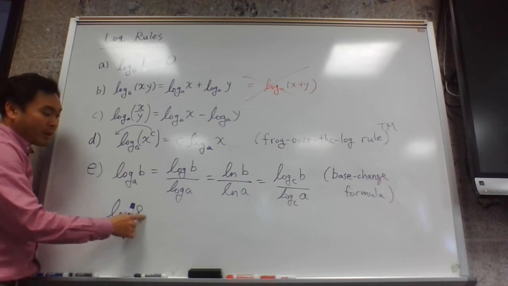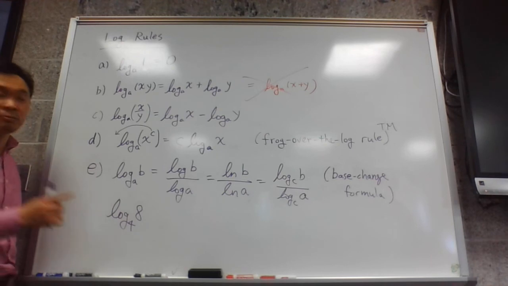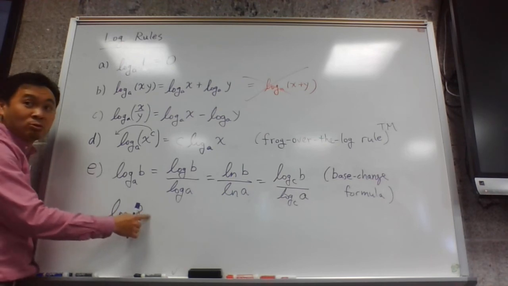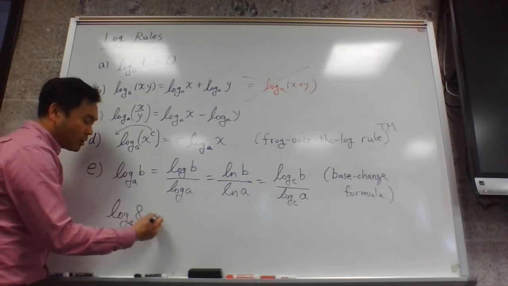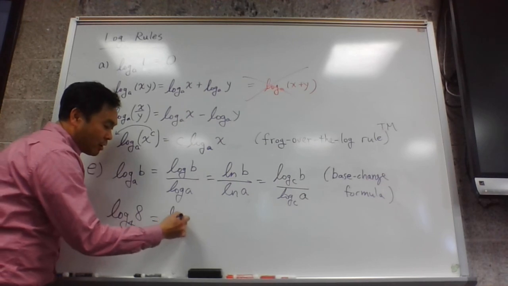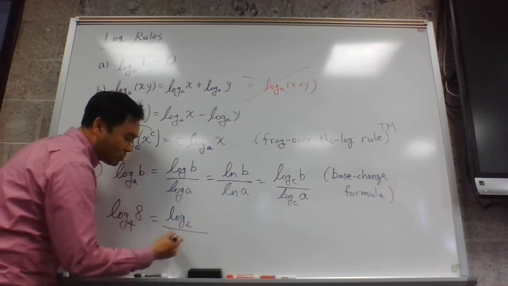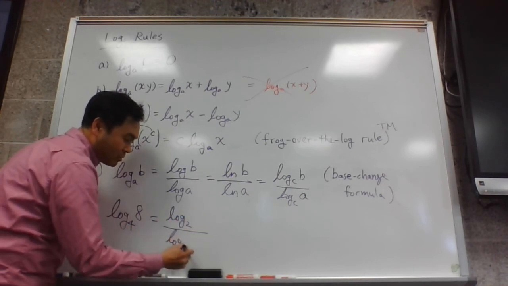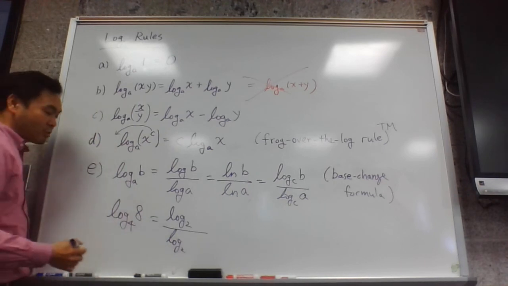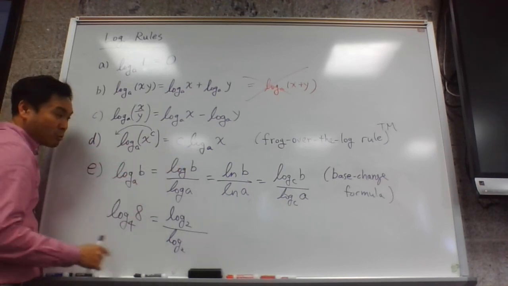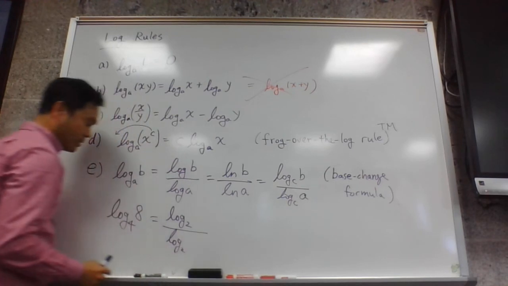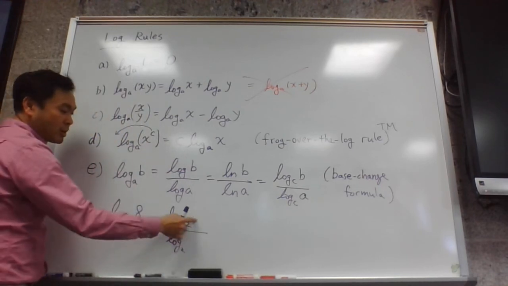See that 4 and 8 are both powers of 2? 4 is 2 squared, 8 is 2 cubed. So applying log base 2 would make things a lot easier. According to this base change formula, with C being 2, I have log 2 of what over what?